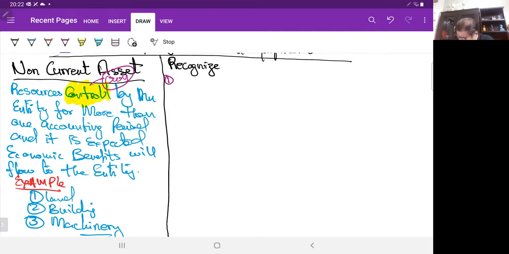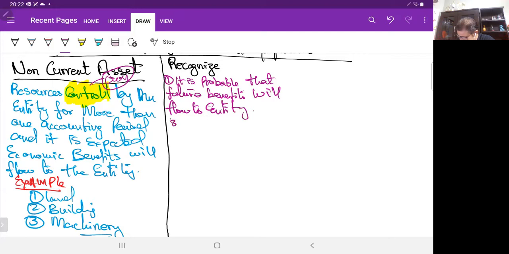Number one, it is probable that future benefits will flow to the entity. Number two, the cost can be measured reliably.